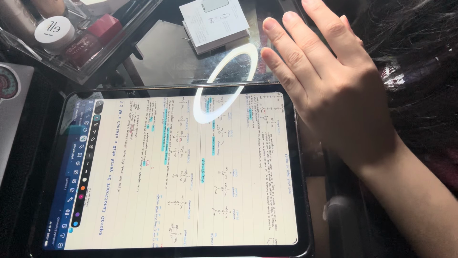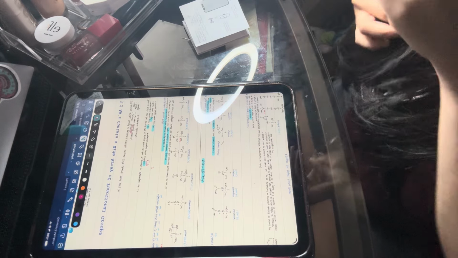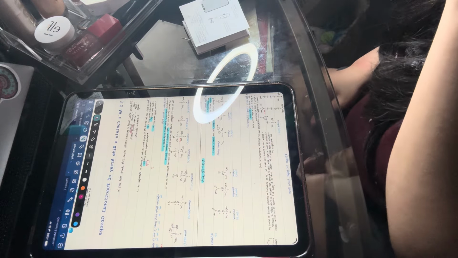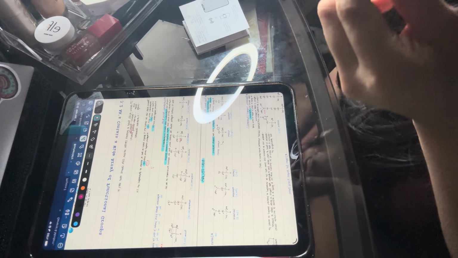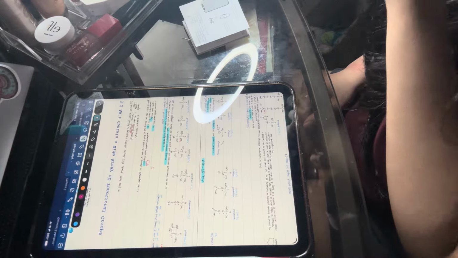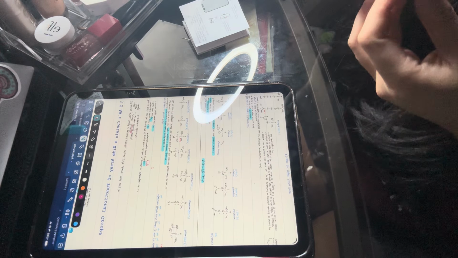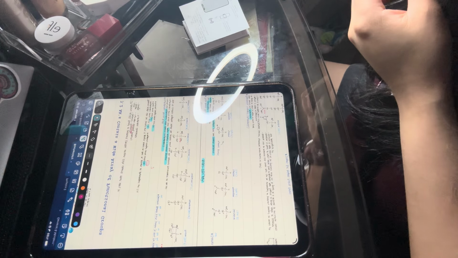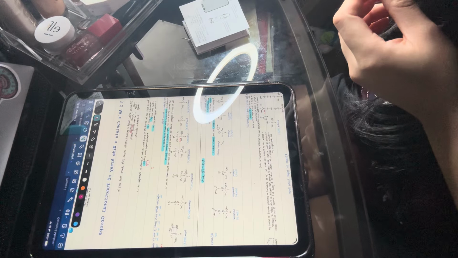Next, we have polar amino acids. These amino acids have electronegative side chains. Their charges are neutral overall, yet they are still polar.